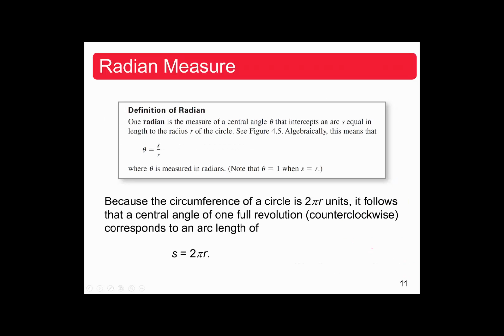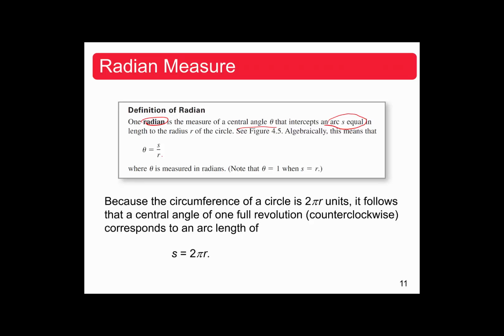So 1 radian is the measure of the central angle theta that intercepts an arc S equal in length to the radius of the circle. So the angle theta should be expressed as arc length over the radius.